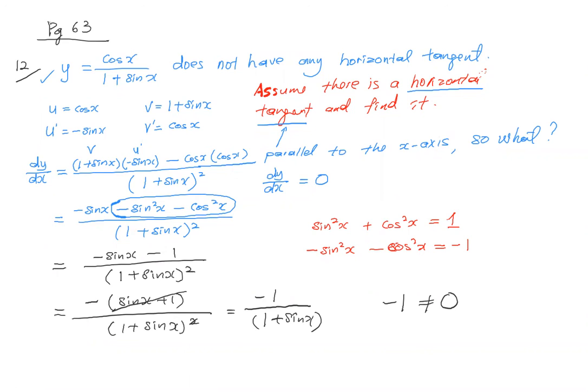Or, if you don't want to do it like that, you also can do it the other way. You assume there is a horizontal tangent, correct? So you put equal to 0. So -1 equal to 0. Is it possible?